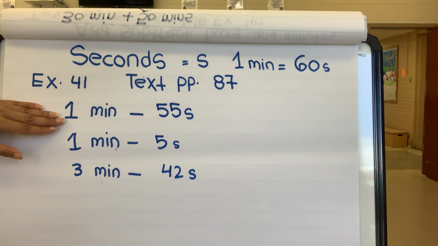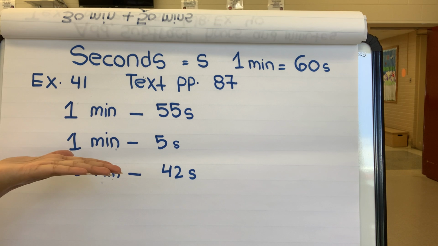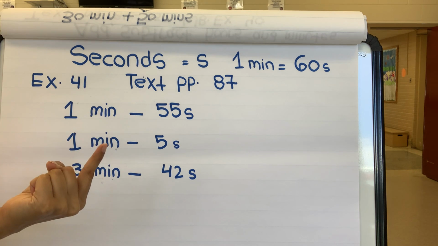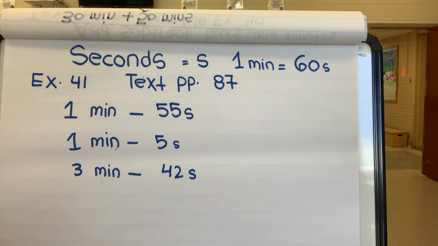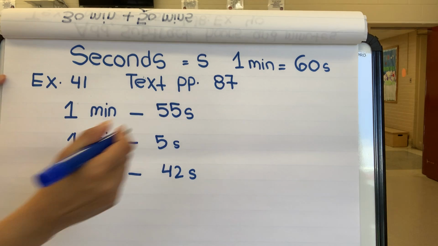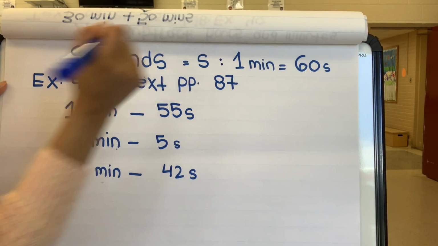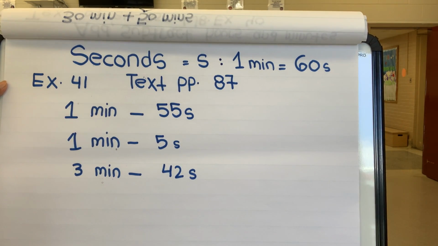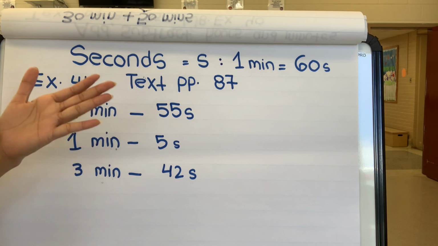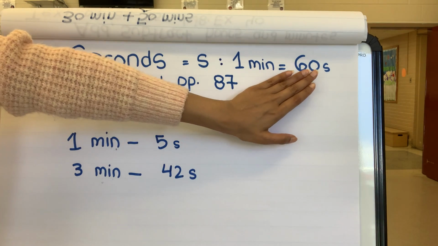Okay, so time can be written with seconds, and it can be written in minutes, and it can be written in hours. For example, we use a colon, these two dots, it's called a colon, when we have to show that we are talking about our seconds.